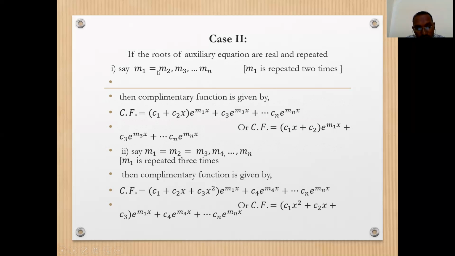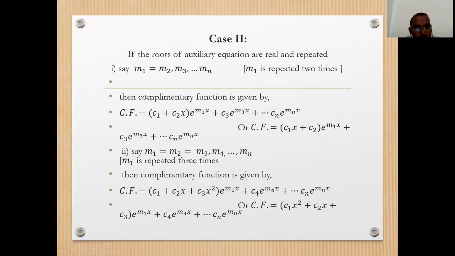That's why we have written m1 is equal to m2. All the remaining roots are distinct. That is, the roots here are m1, m2, m3, m4, m5 up to mn. These are the n roots of the given auxiliary equation.